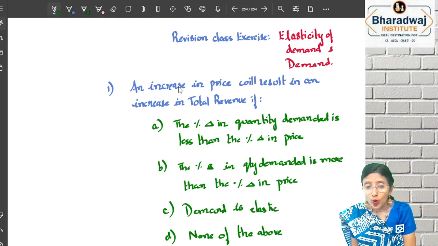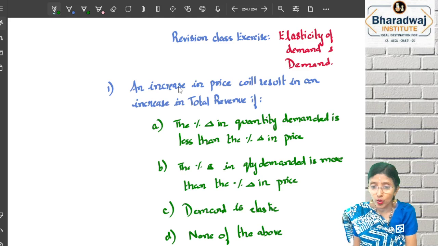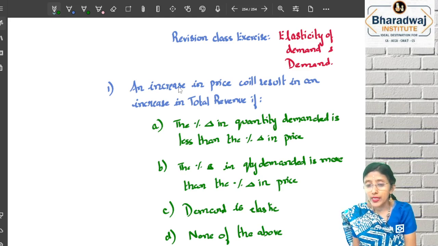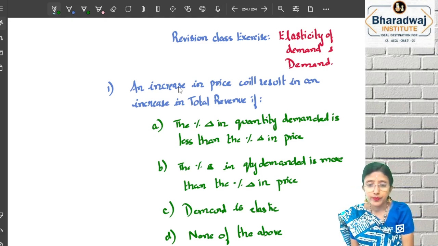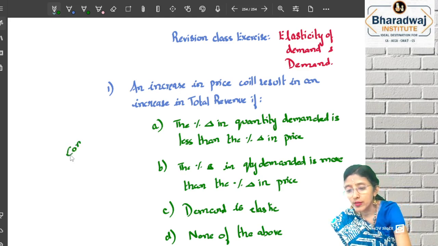So, when will there be an increase in the total revenue? When there is an increase in price, in which one of these situations? It is a conceptual question.